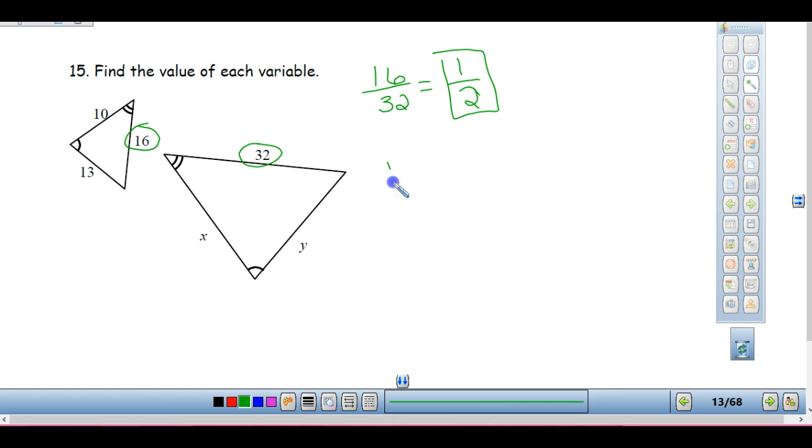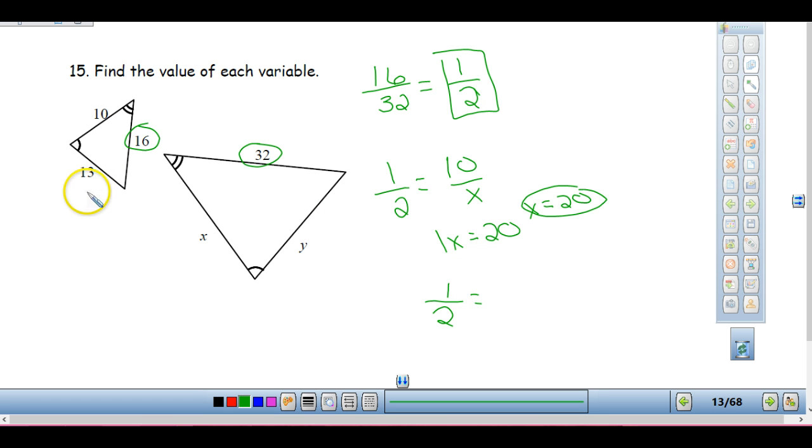So now 1/2 is going to be equal to 10 over x. Cross multiply, 1x equals 20. So x equals 20. Okay, and then same thing to find y. 1/2 is going to equal 13 over y. Cross multiply, y equals 26.